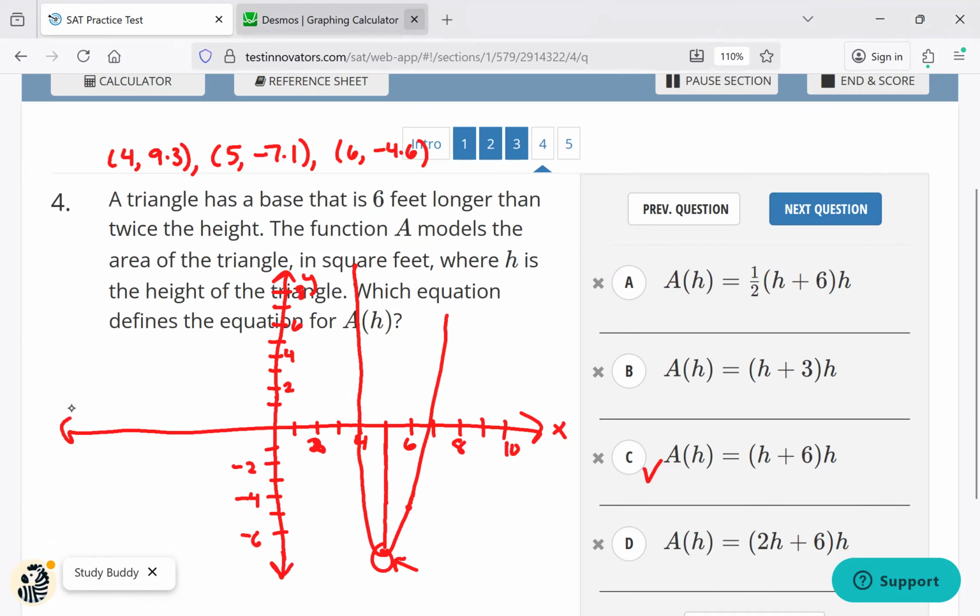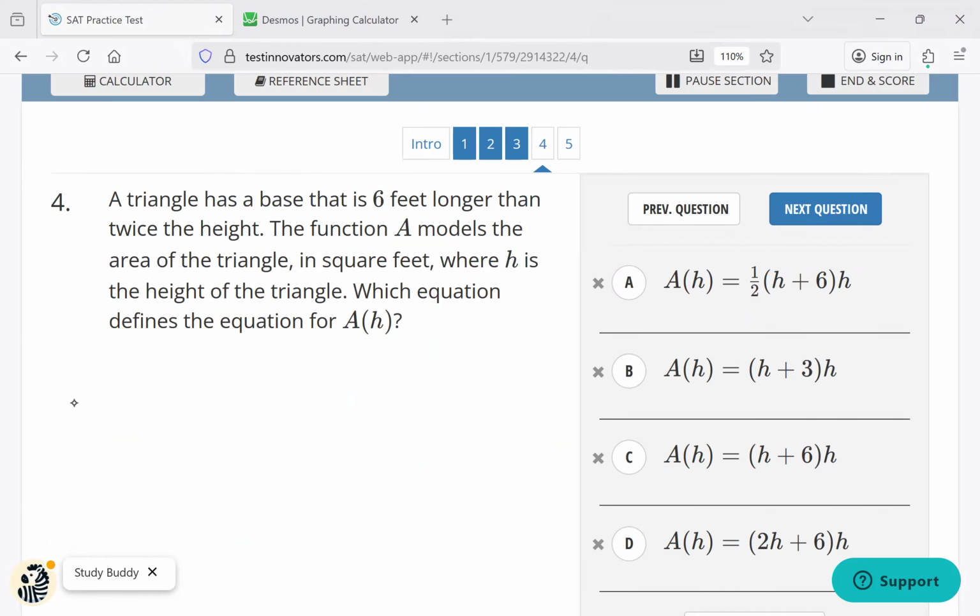Okay, question 4 says, a triangle has a base that is 6 feet longer than twice the height. The function a models the area of the triangle in square feet where h is the height of the triangle. Which equation defines a of h? So pretend you have a triangle, and the base is 6 feet longer than twice the height.